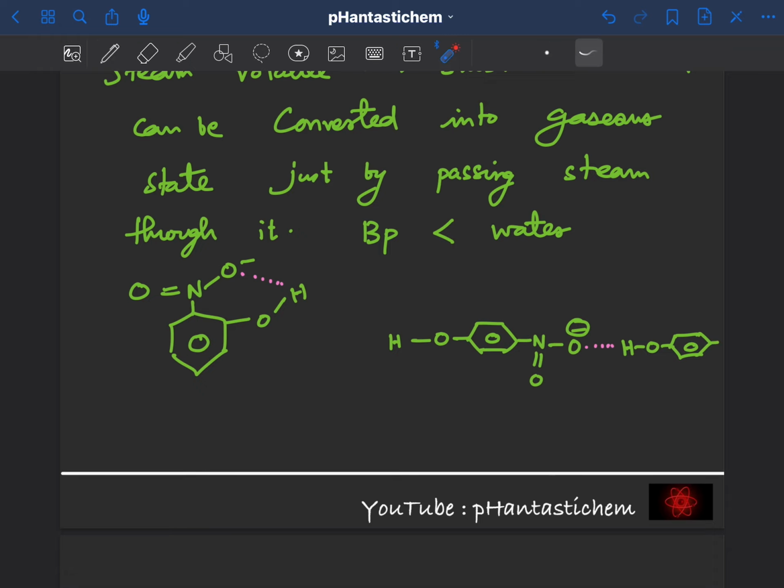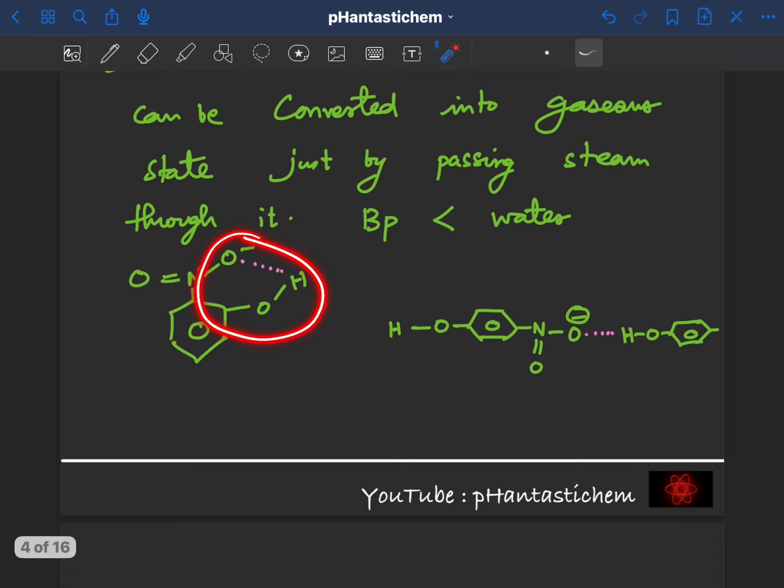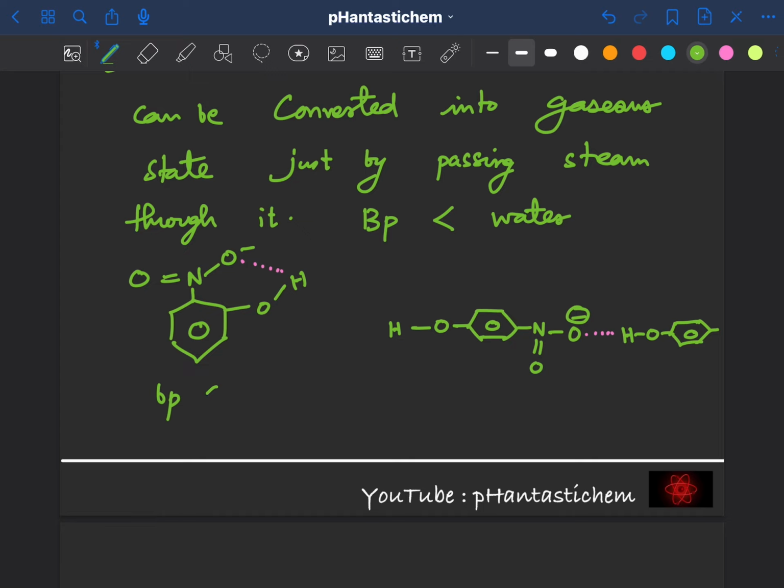Okay, so this is what is known as chelation, and it is steam volatile because it is not associated with other ortho molecules. So therefore its boiling point is also lesser than 100 degrees Celsius. So therefore this is steam volatile.